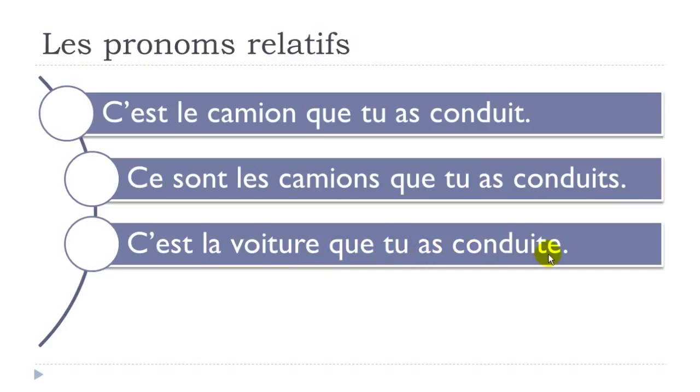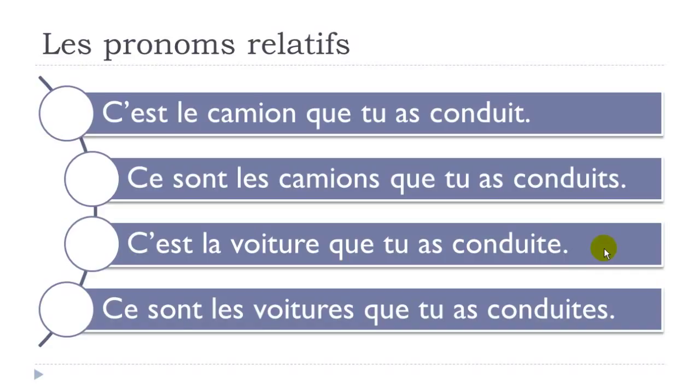And that's when you hear the difference between conduit, because remember, final T is not pronounced, conduit, here, and then the feminine, conduite. Okay, so here you can hear this T, okay, conduite, all right? C'est la voiture que tu as conduite. Okay, and then the same thing for the plural, so it will be feminine plural because it's les voitures. Ce sont les voitures que tu as conduites.